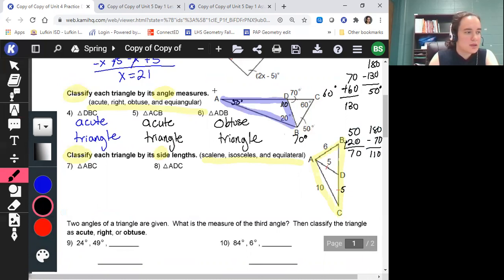And this is a scalene triangle because we can't assume that this is either 6 or 10, and it appears to not be the same size as the others. So this is scalene because no sides are congruent.